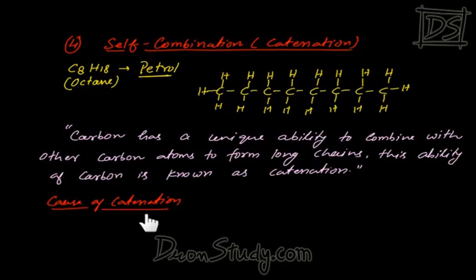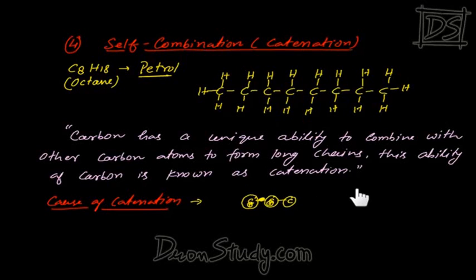Catenation is being shown, but why is it showing catenation? I have just told you that carbon is very small in size. Like this is a carbon atom and this is also a carbon atom. When carbon atoms join, the sizes are very small, so the electrons that are being shared between two carbon atoms, the nucleus of this carbon and the nucleus of this carbon will both hold them tightly.